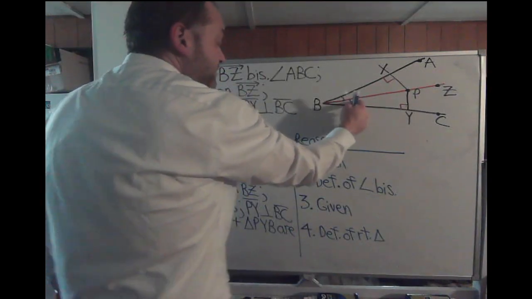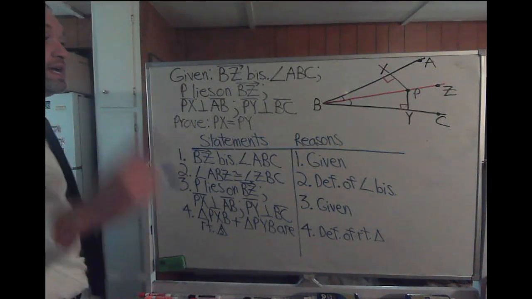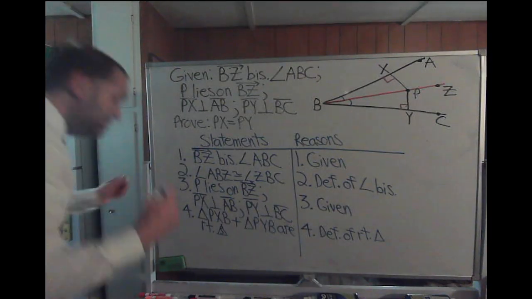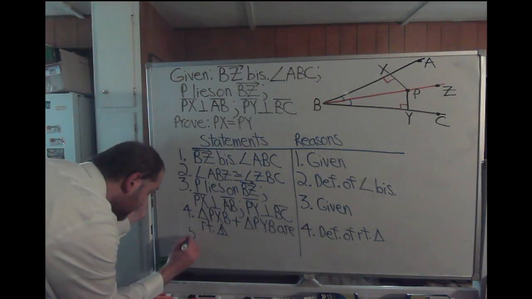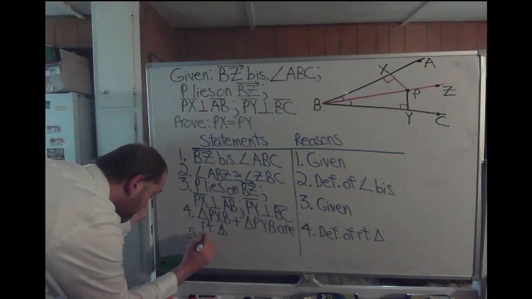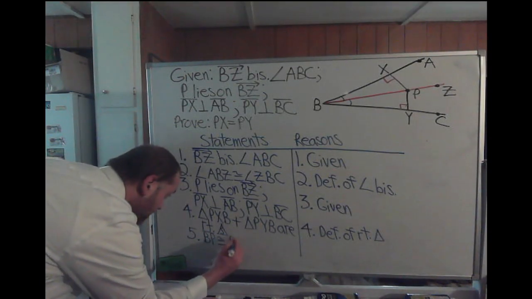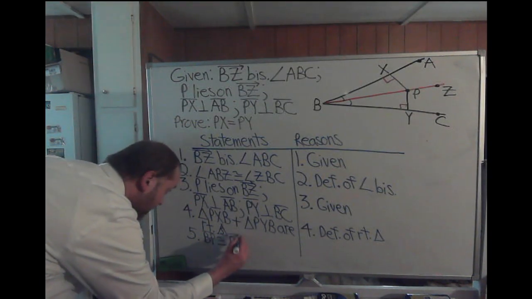We so far have congruent angles. They both share leg BP, right? So we could say BP is congruent to BP by the reflexive property.